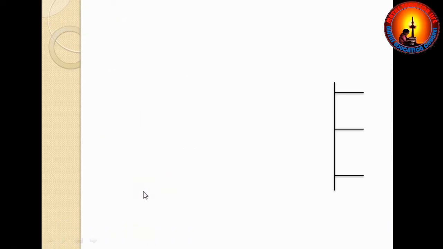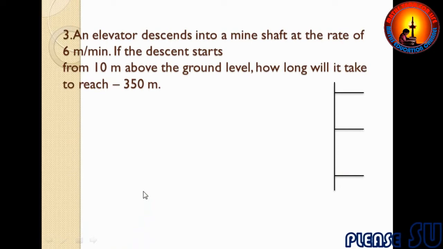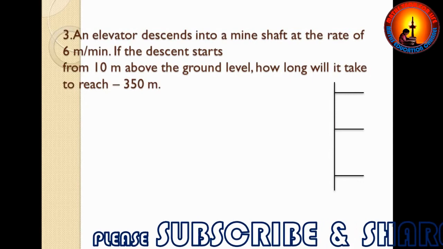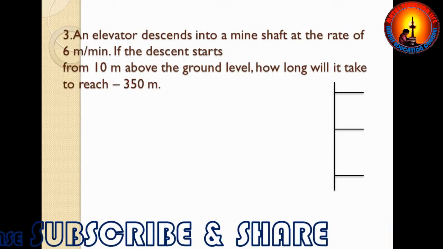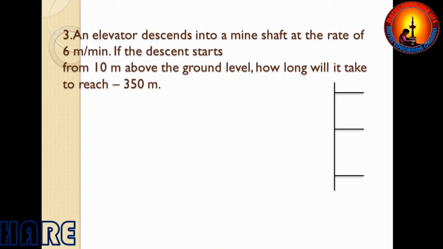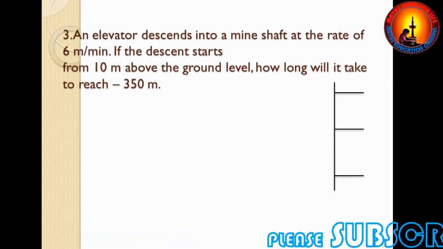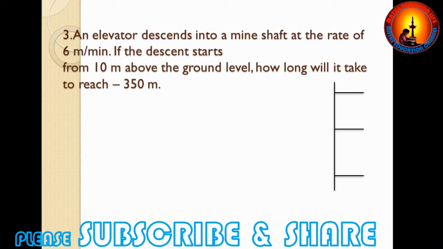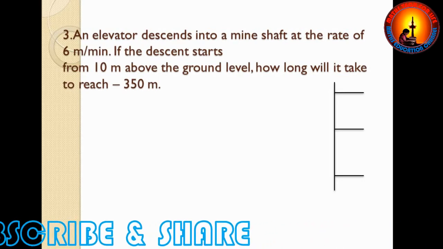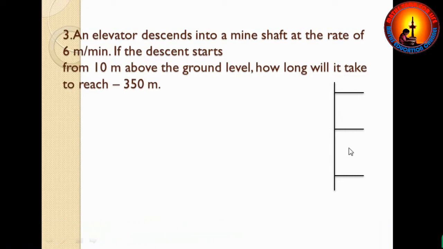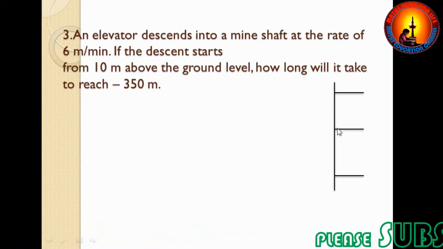Now go to the next question. This is a word problem. You can see this in your textbook. An elevator descends into a mine shaft at the rate of 6 meters per minute. If the descent starts from 10 meters above the ground level, how long will it take to reach minus 350 meters? Here first you want to draw a rough sketch. The first thing you have to mention is where the ground level is.